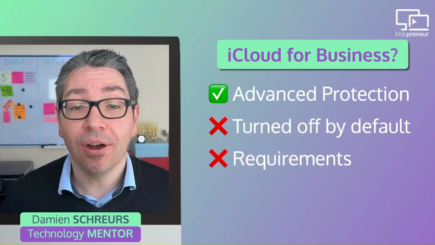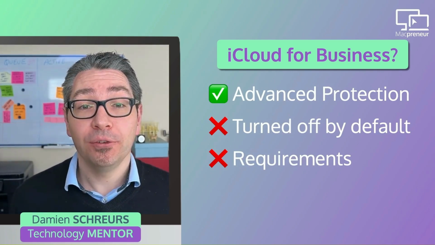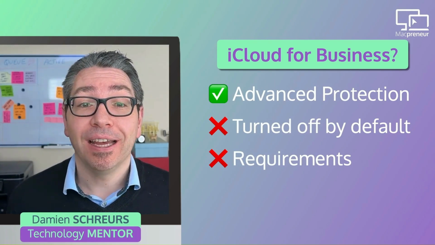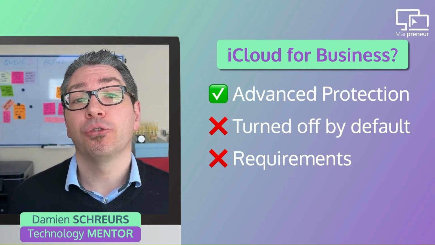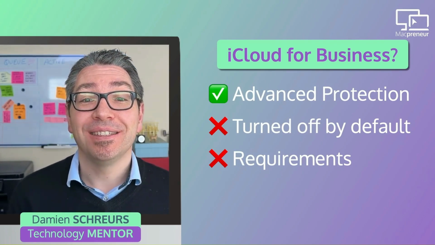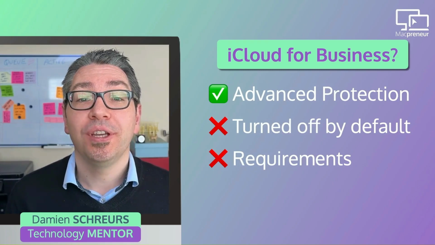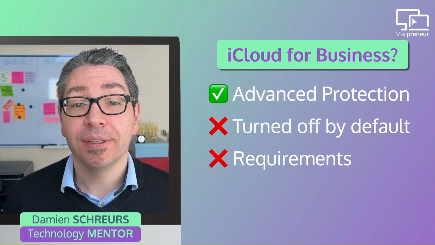And to turn it on, there are a few requirements, like having two-factor authentication turned on, defining at least one recovery contact or a recovery key, and then a biggie. All the devices connected to your Apple ID need to be upgraded to their respective minimum operating system version.